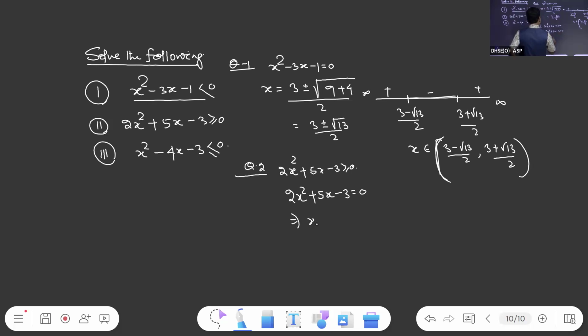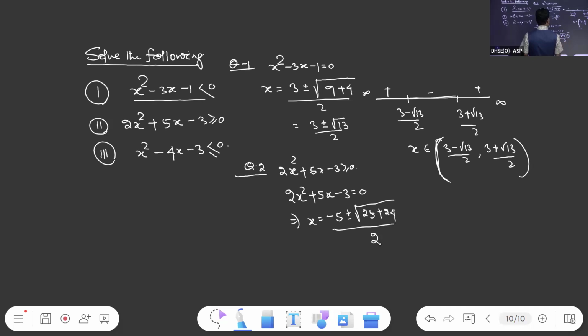This implies x is equal to minus b, that is minus 5, plus or minus under root b square minus 4ac. b square is 25, minus 4ac is 24, divided by 2a.